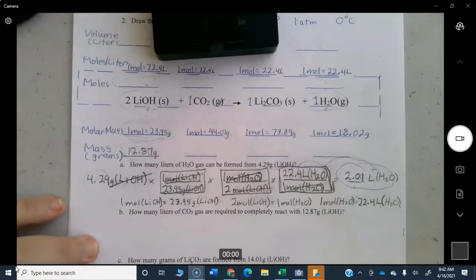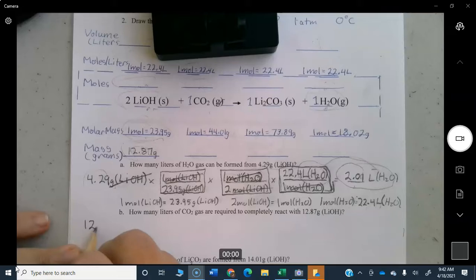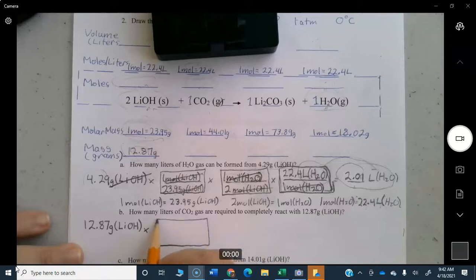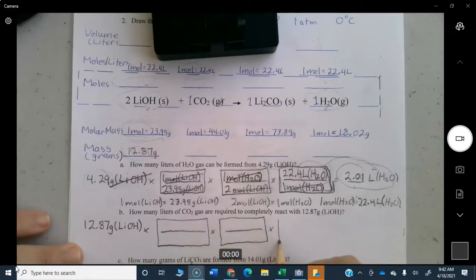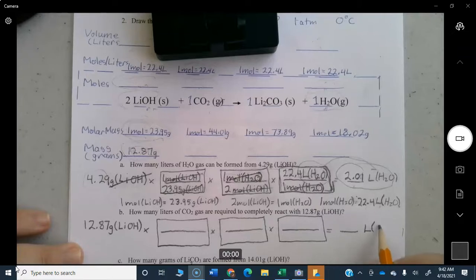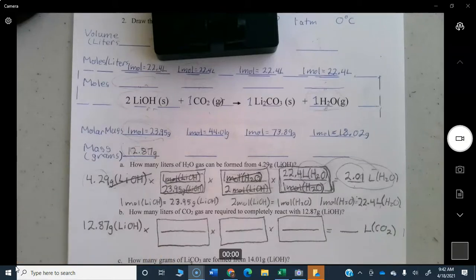Okay, so let's go ahead. So we start off with 12.87. Okay, so that's what your equation should look like, starting with 12.87, ending with some number of liters of CO2.